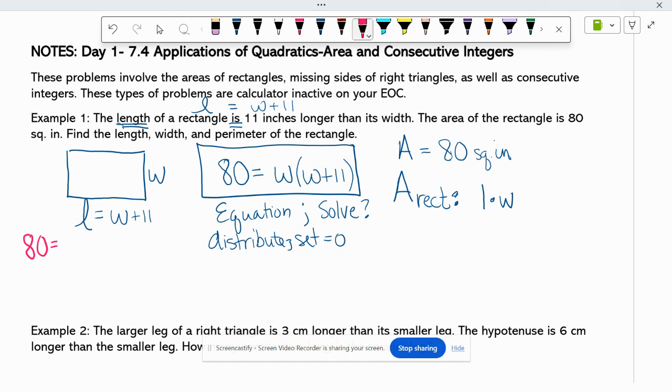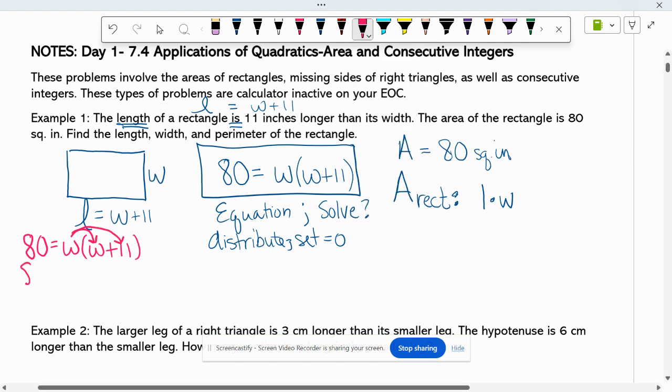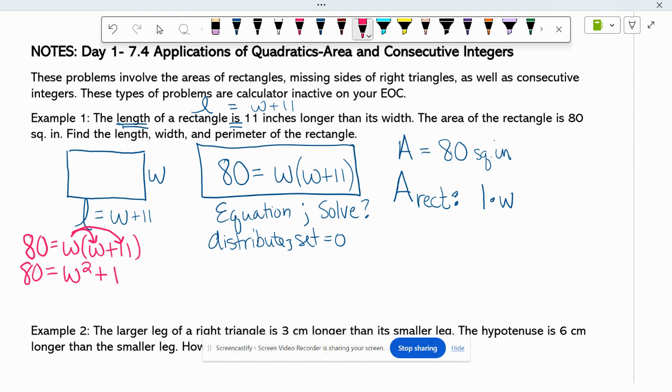80 equals W times W plus 11. When I distribute, what do I get? W squared plus what? Yes, plus 11W. Okay, I have to set this equal to 0, meaning what?